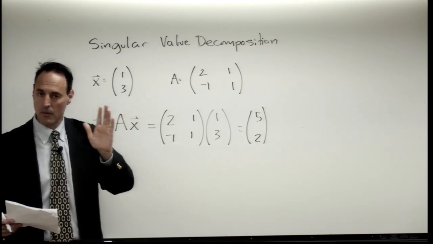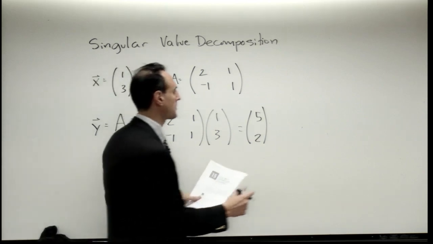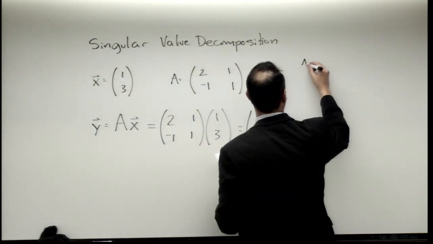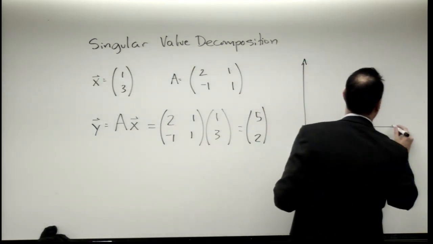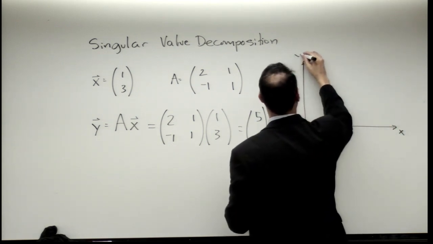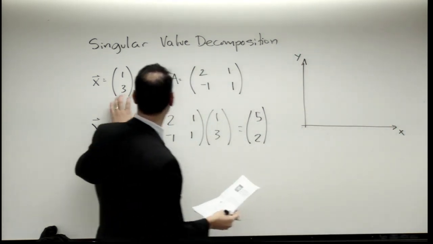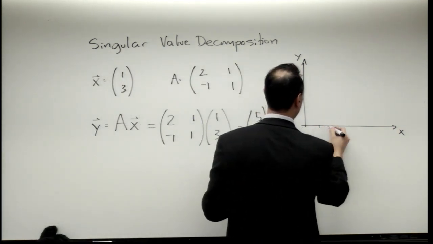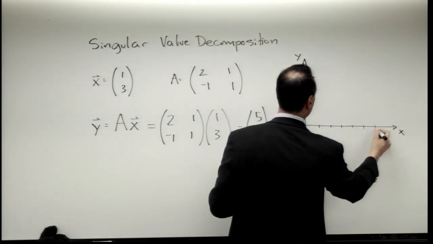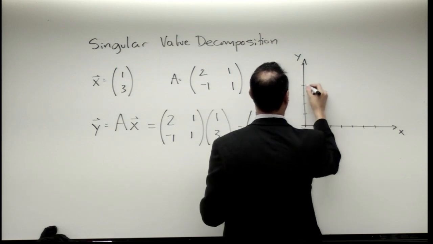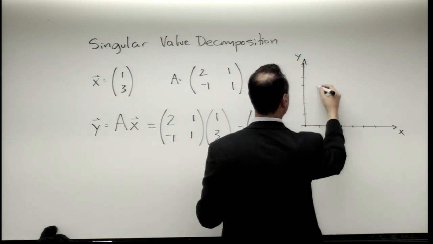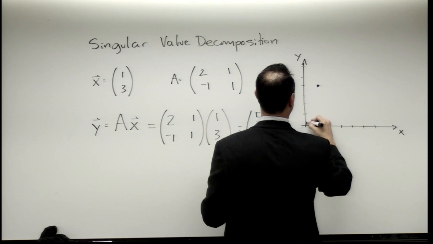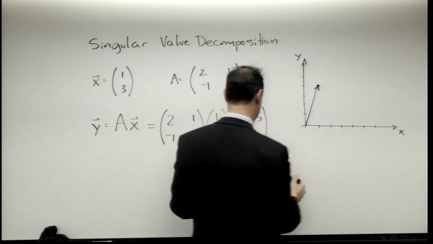But let's start thinking about what this does graphically. So let me draw our typical Cartesian coordinates. And if you notice, the vector 1, 3 goes right to there.